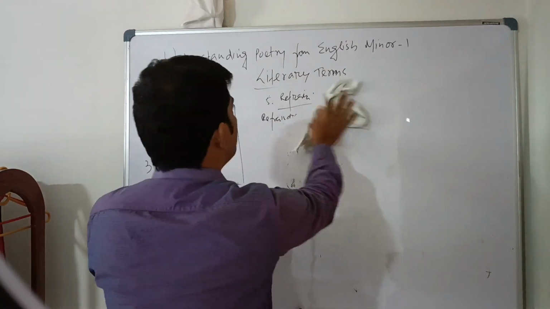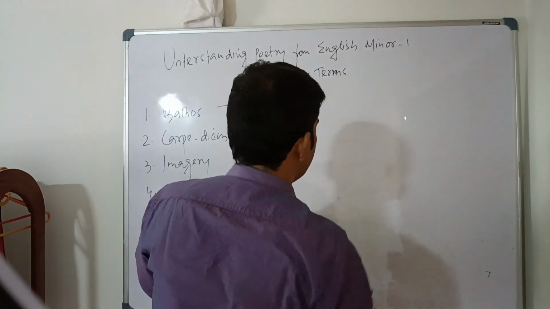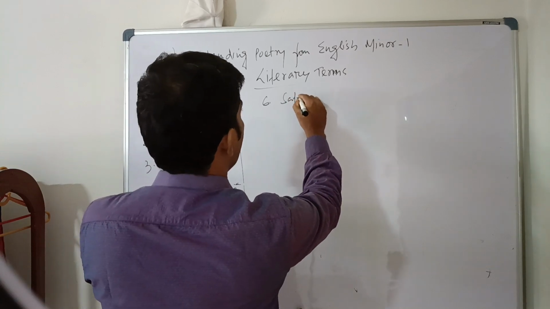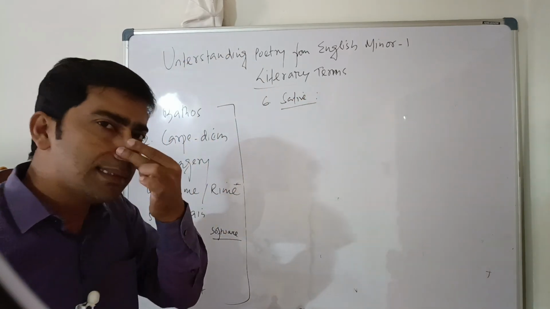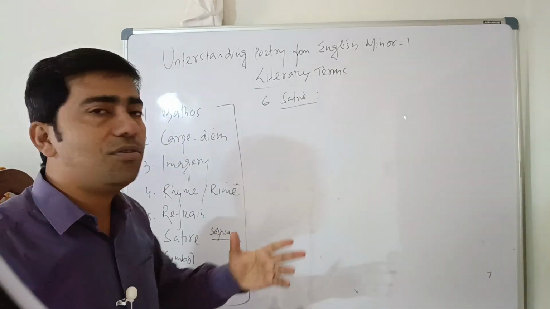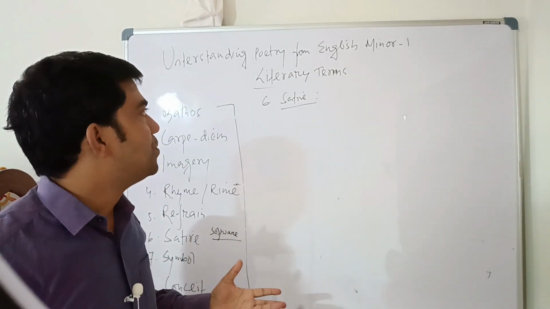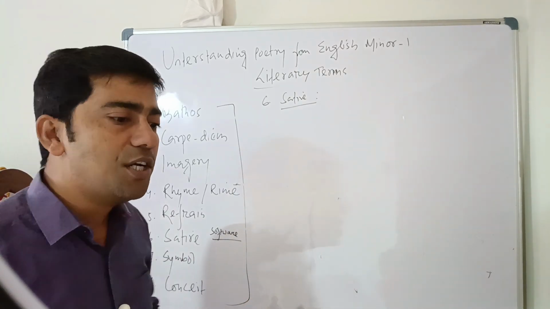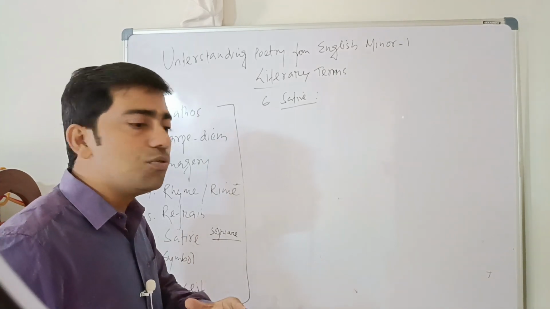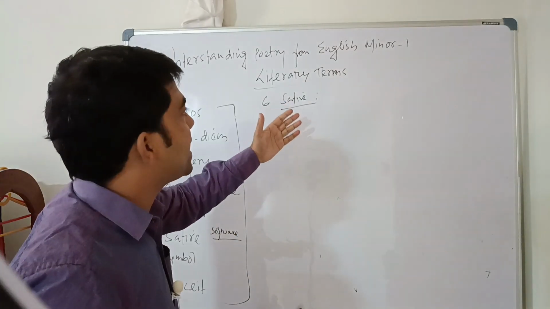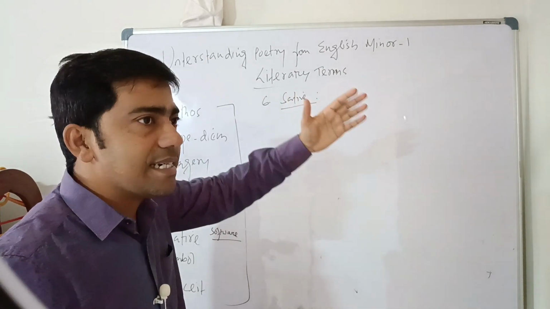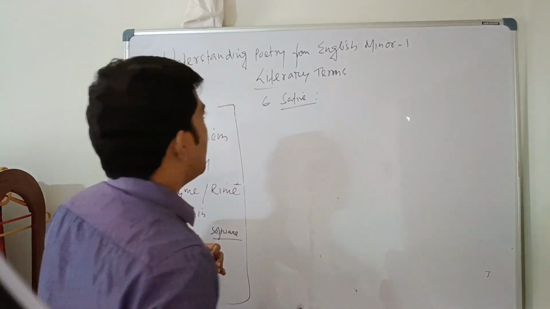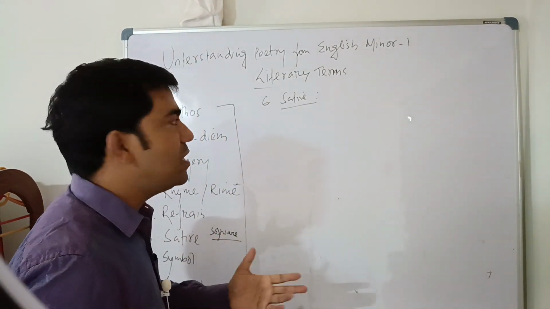Now we move into the sixth part of the literary terms, that is satire. So what is satire? We all know that satire is used to express one's sense of humor in bitter way or in comic way. Satire is applied in literary expressions, in poems, in prose, and the one who satires is called a satirist.